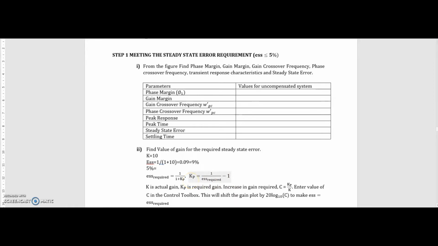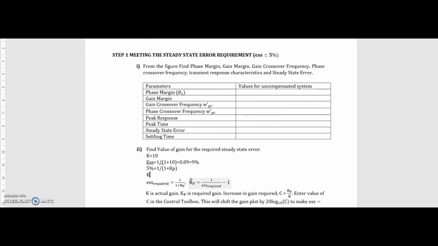So this is equal to 1 divided by 1 plus Kp, where Kp is the desired gain of the system. So Kp is nothing but 1 divided by 5% minus 1.